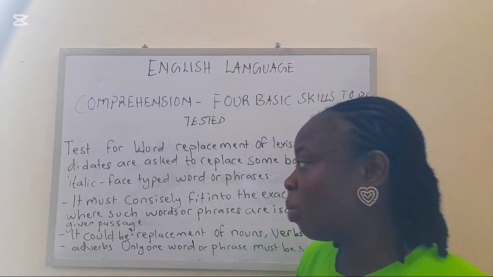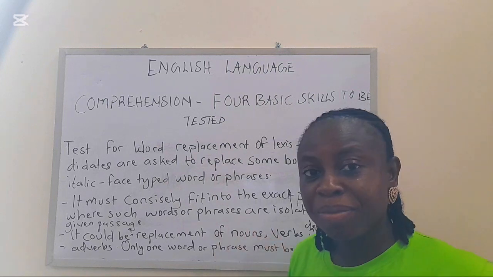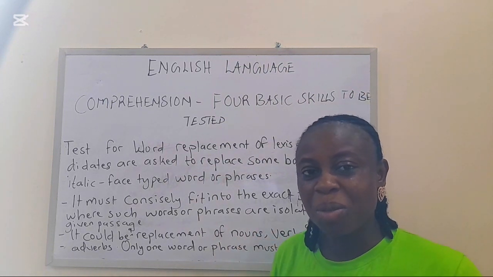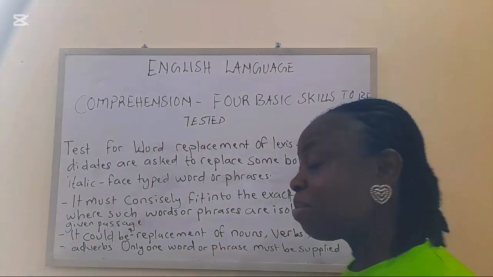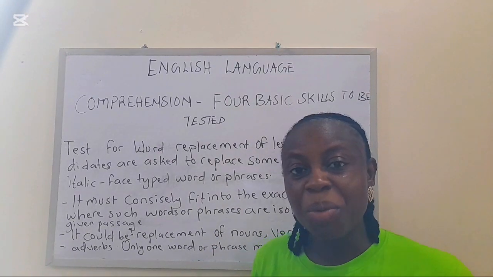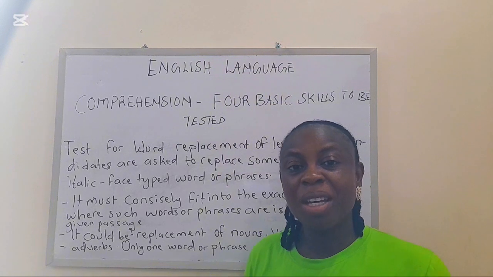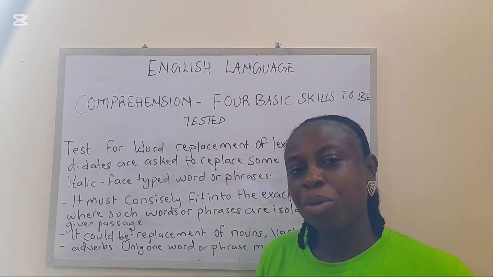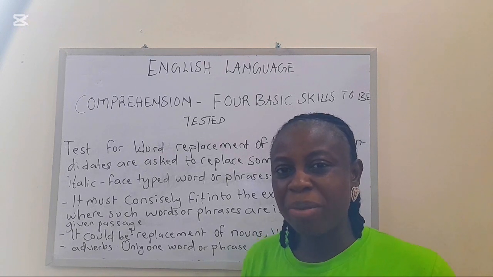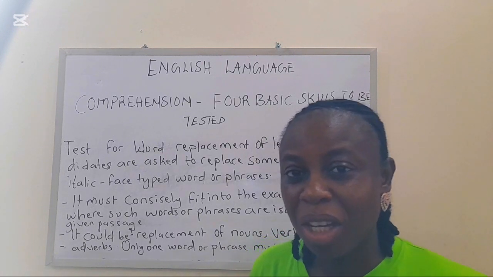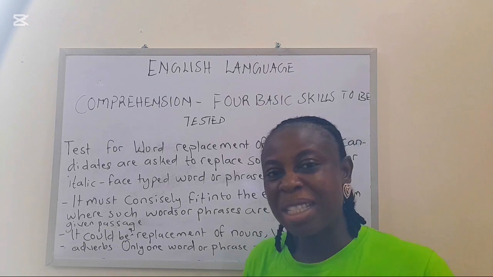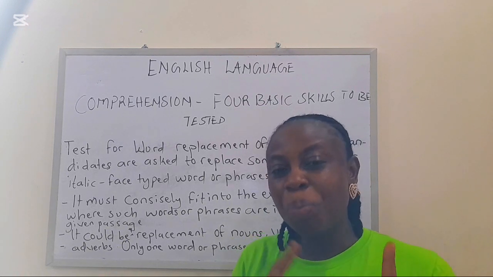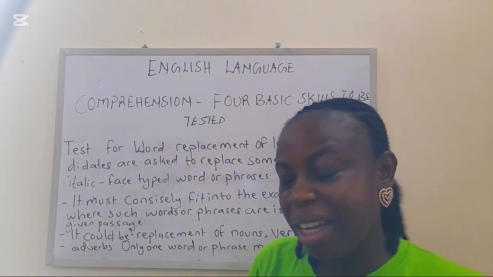Normally, the replacements could be replacement of nouns. We could be asked to use another word or phrase to express a particular noun. It could be verbs, forms of verbs, which could be simple past tense, past continuous, simple present tense, and so on. So you must be able to understand the type of verb that is used in the passage. If you are going to replace it, make sure it is the correct form of verb that will be inserted when you place that word in the passage.